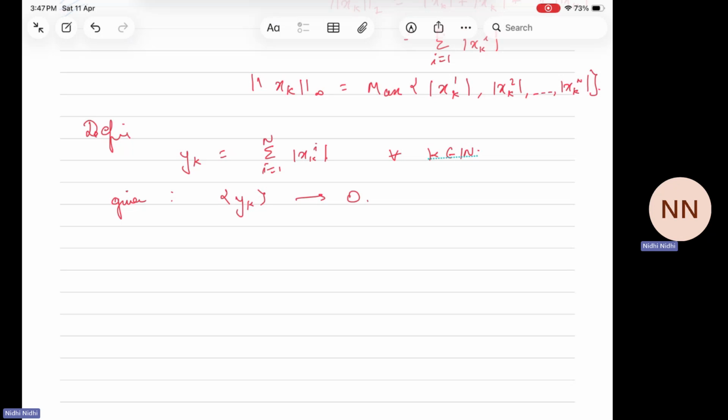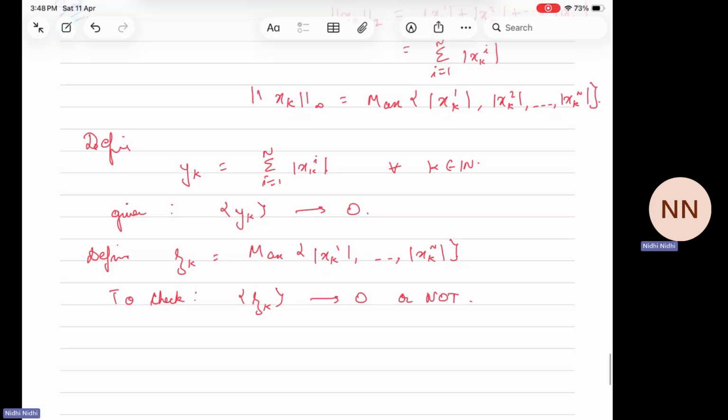Now, if we define another sequence zk, where the kth element of the sequence z is the maximum of mod xk1 up to mod xkn, we need to check whether this sequence zk converges to 0 or not.